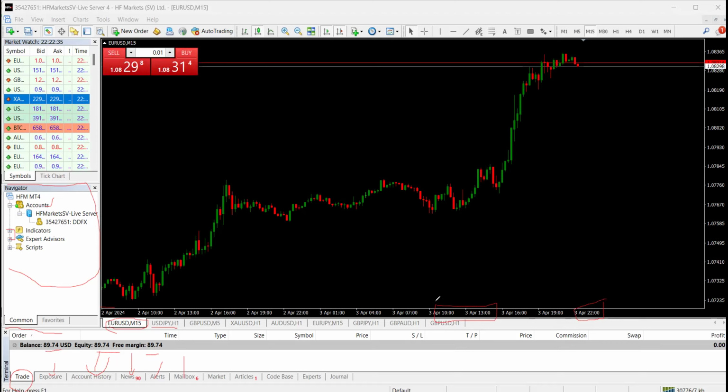For instance, let's say you rely on my trade ideas or my trade signals. I gave you a signal and you saw the signal an hour late. What can you do? You can just put your vertical line and horizontal line to see the price and the time the signal was given.